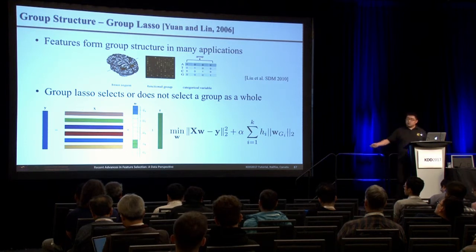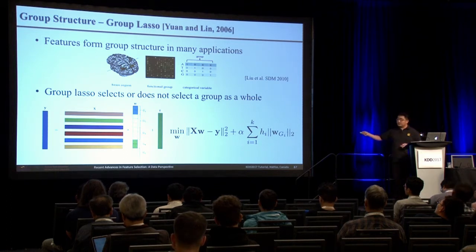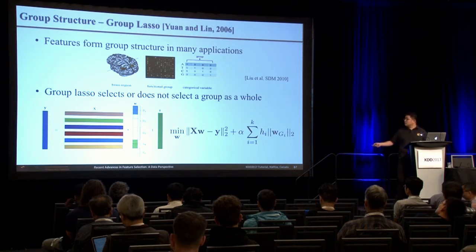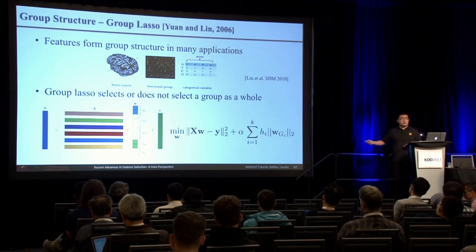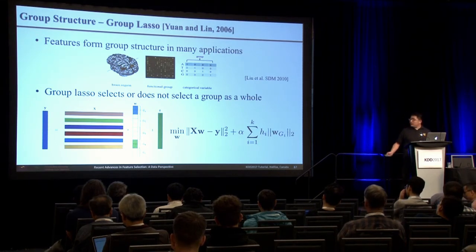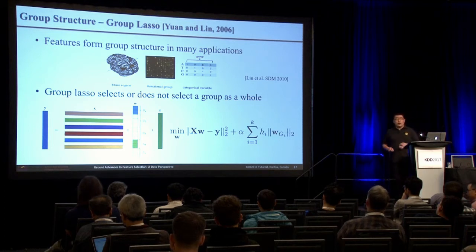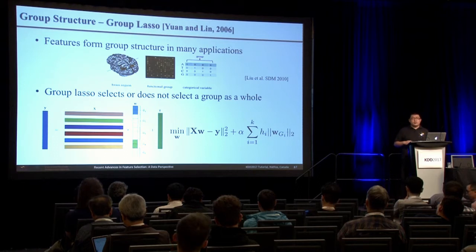The first term is the loss function. For the second term, for each block W_Gi, we first impose an L2 norm on W_Gi, and then based on the result we impose the L1 norm. Here h_i is the weight for the ith group, showing how important the ith group is for the model construction.